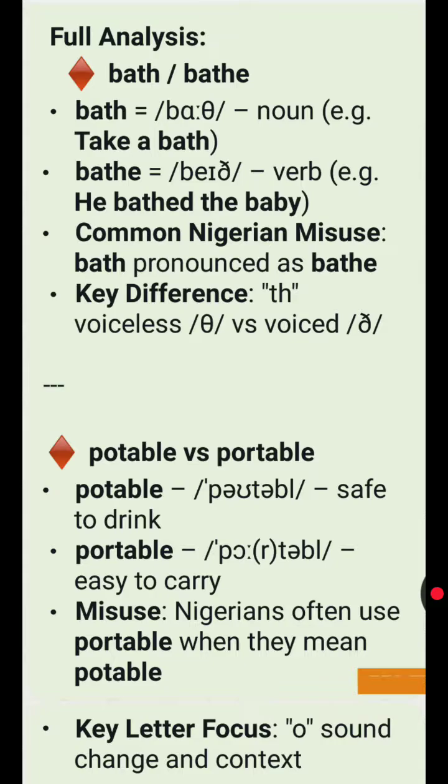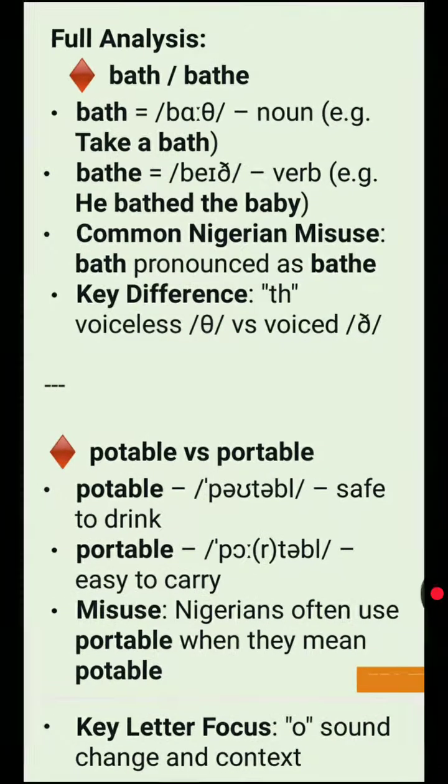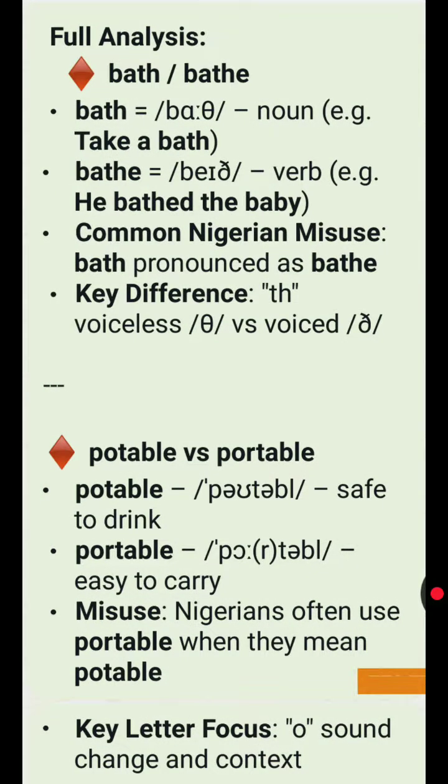Then when you come to bathe, it is the voiced TH sound. That should be noted. So the key difference, as we have stated, is the TH in both words. Another is the A sound: the A in bath, and the A in bathe.